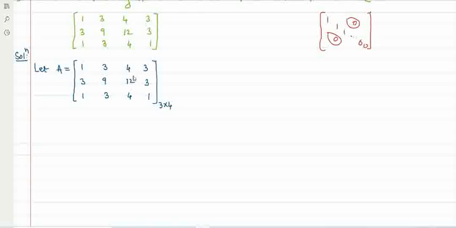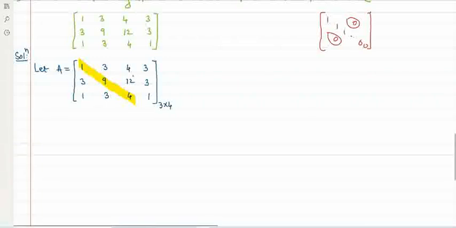So this is our target. According to our target, we are focusing on the diagonal elements. That's why I will fix the diagonal entry. Even though this is a non-square matrix, I will consider A11, A22, A33 as the diagonal entries. Is it clear? That means the elements 1, 9, 4 are diagonal elements. After that, what is our target?